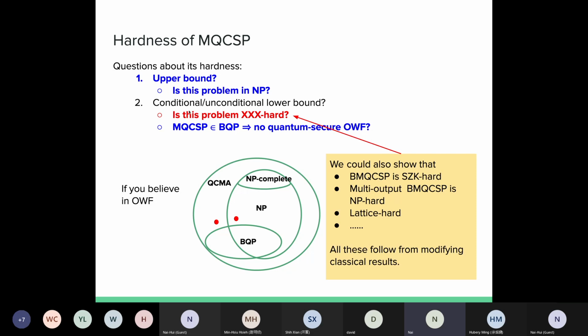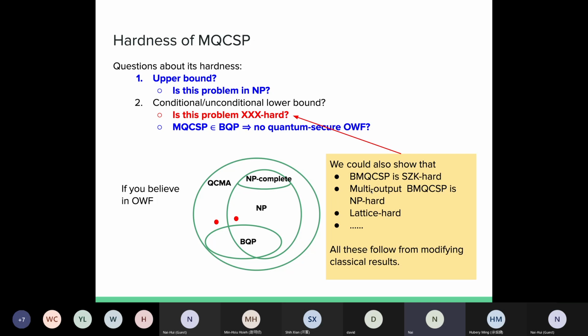And actually for this problem, we prove some evidence. We show that this problem is SZK-hard. SZK is another class which is in NP, but not NP-complete. It's kind of like here, larger than P. So it means that the hardest problem in SZK reduces to MQCSP.